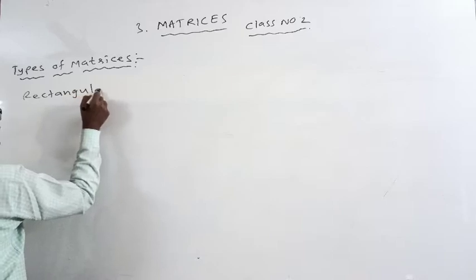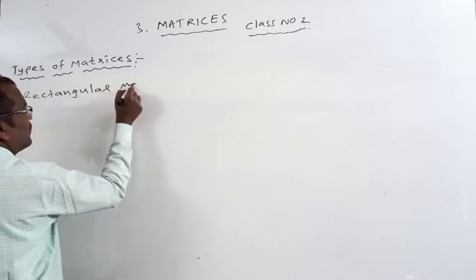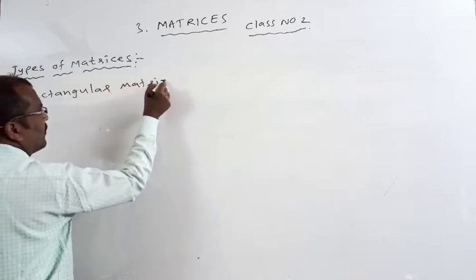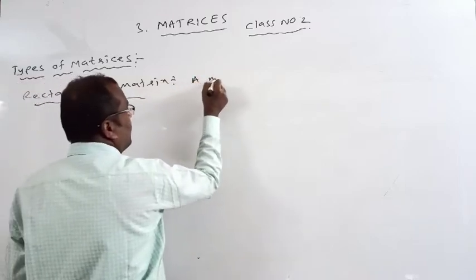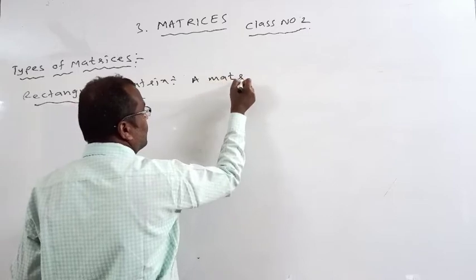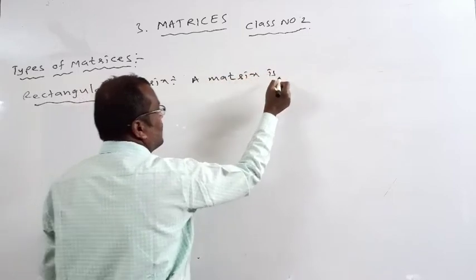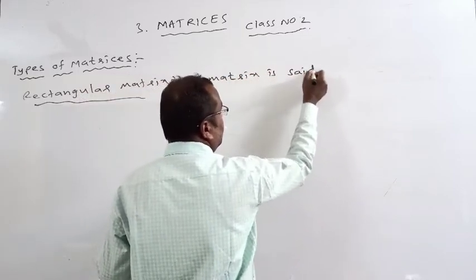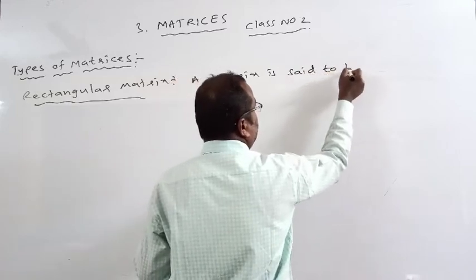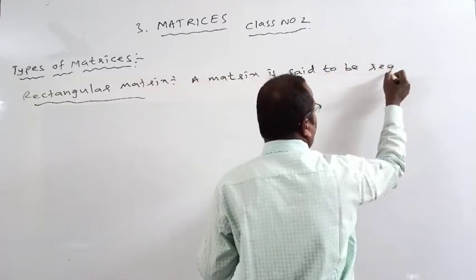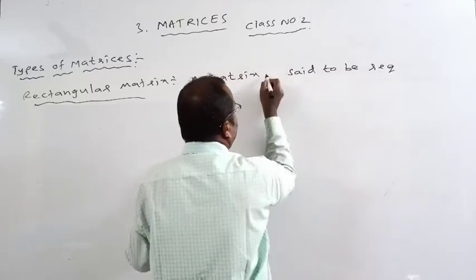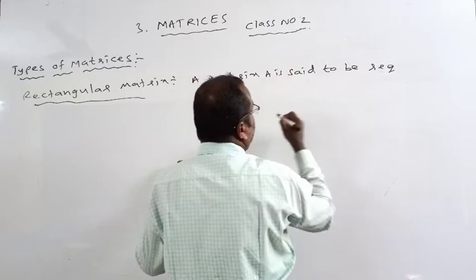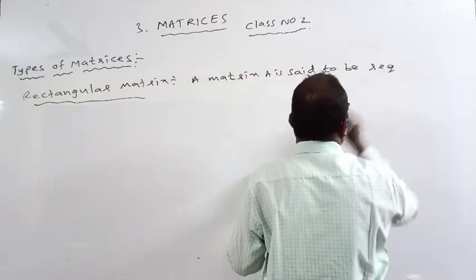Write down the definition. A matrix is said to be a rectangular matrix. The matrix A, better to write A now. A matrix A is said to be a rectangular matrix.